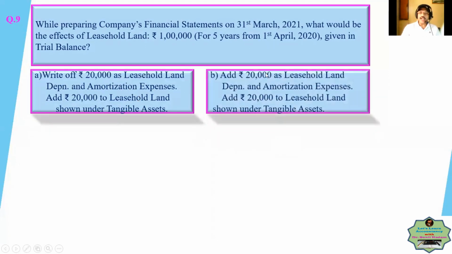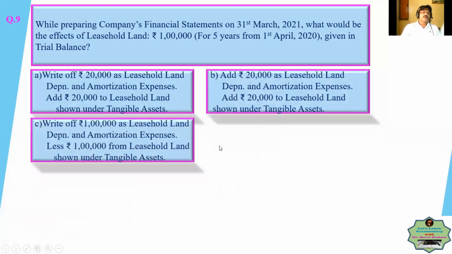B says add 20,000 to leasehold land depreciation and amortization expenses, and add 20,000 to leasehold land shown under tangible assets. The third says write off rupees 1 lakh as leasehold land depreciation and amortization expenses, and less 1 lakh from the leasehold land under tangible assets.